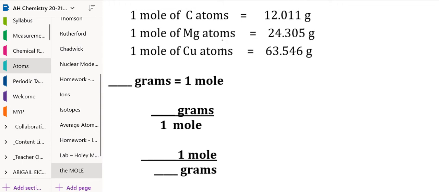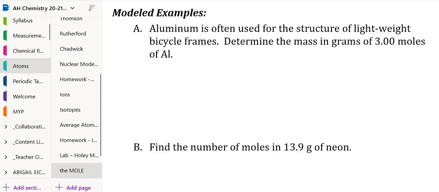So if you guys will write this down, and then we're going to jump into some problems if you want to. This is optional. It's just how you would set up the conversion factors. So what are we given? We're given moles of aluminum. So 3.00 moles.